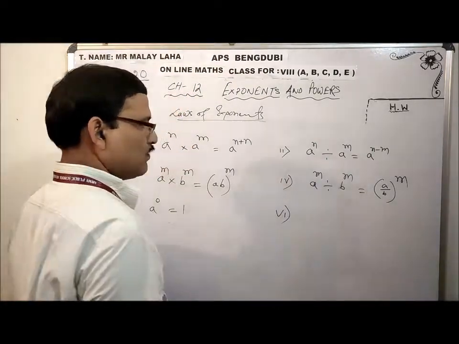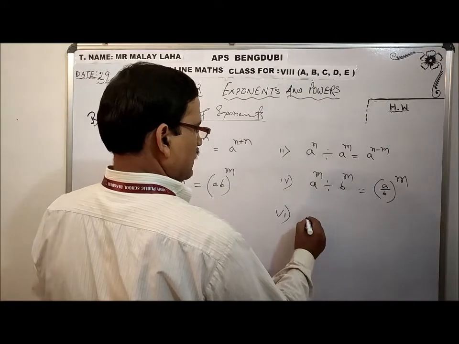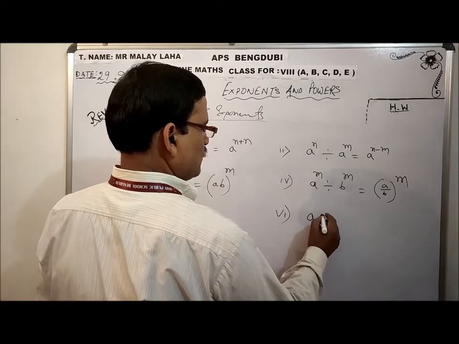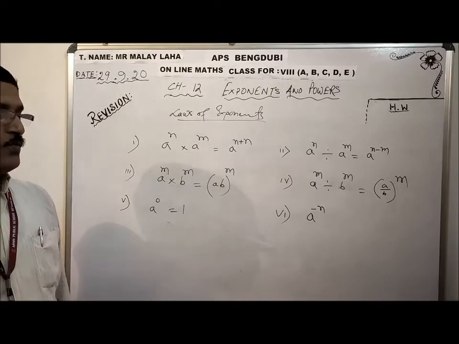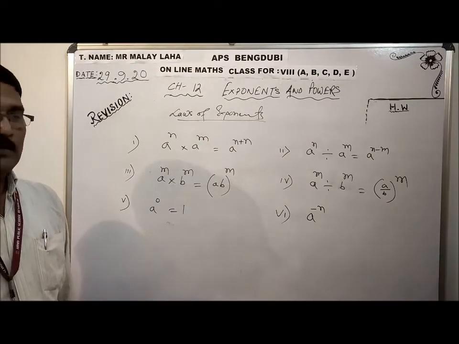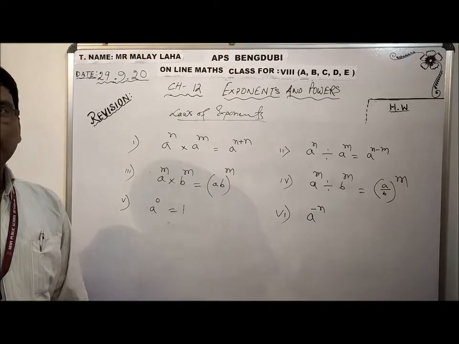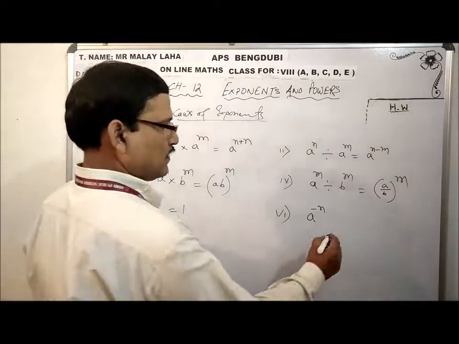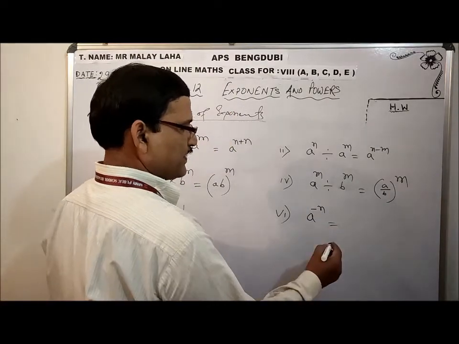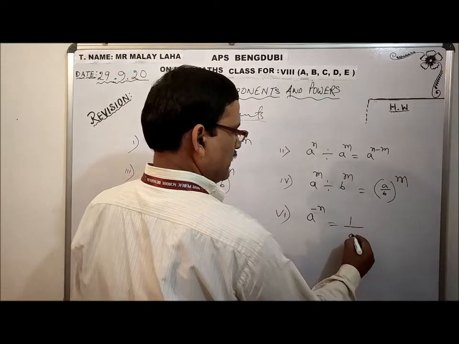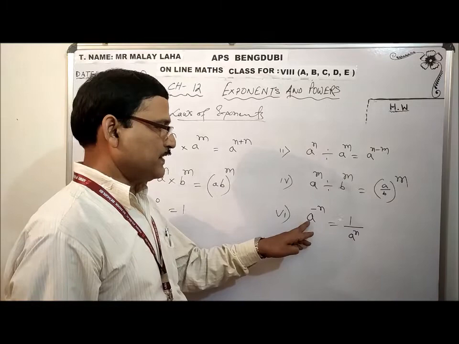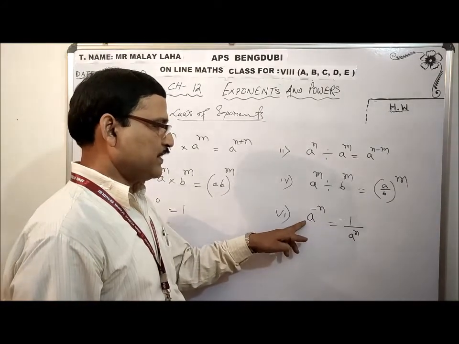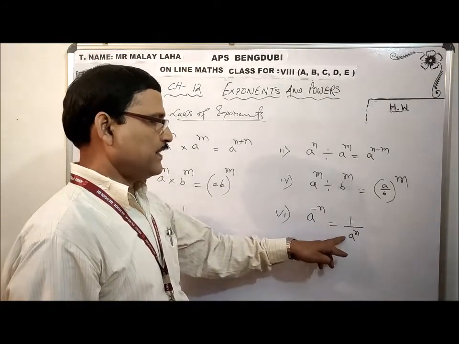What will we do? Say a raised to minus n. I would like to make it positive. What to do? I will reciprocate the base: 1 by a raised to positive n. When you reciprocate the base a, I can write 1 by a, so it is 1 by a raised to n.